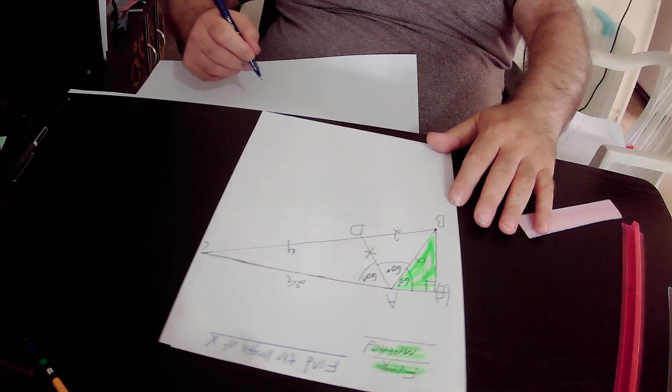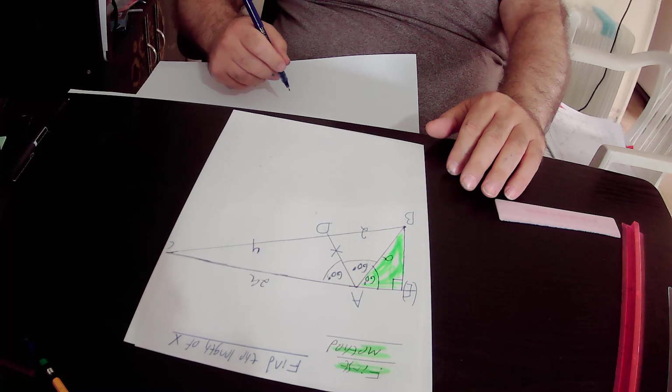Now we'll focus on the green triangle EAB.